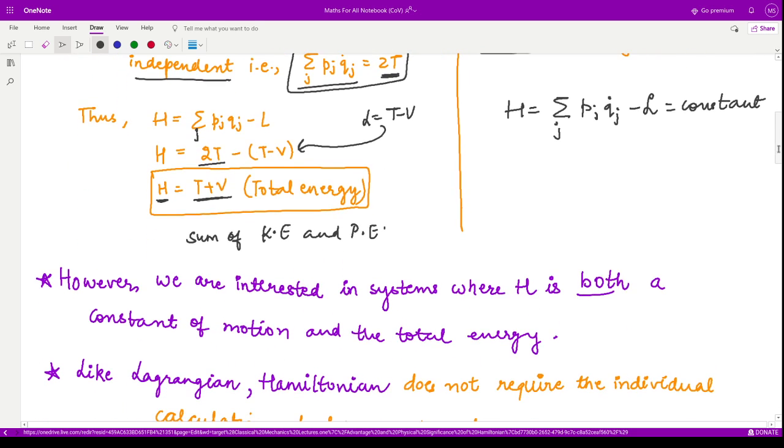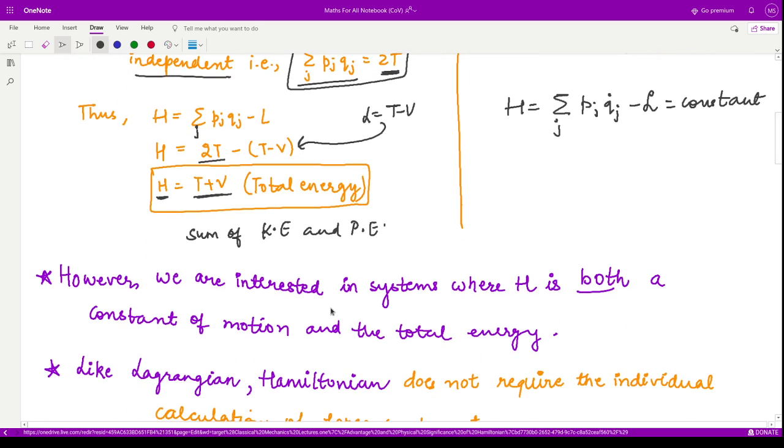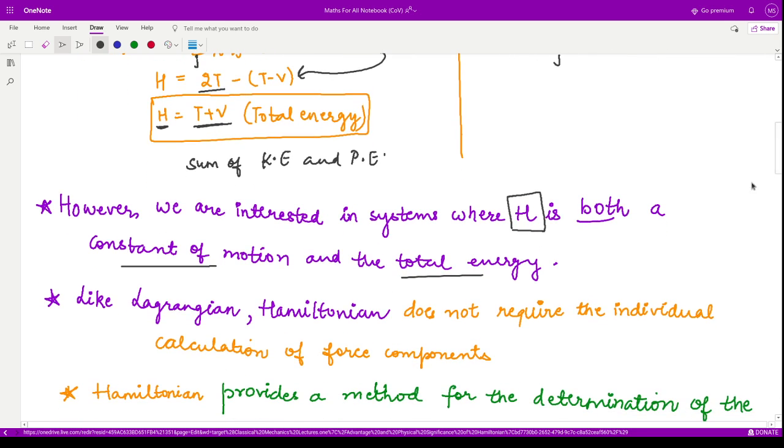But usually when we are solving real life systems, a Hamiltonian which is both the constant of motion as well as the total energy is required, and we are looking for those systems for which these two conditions are true. So this is one thing.